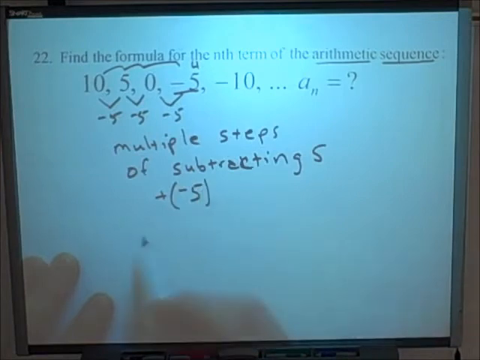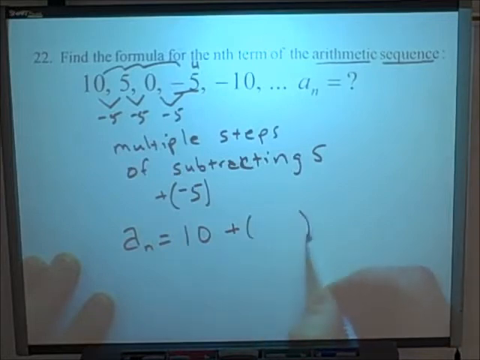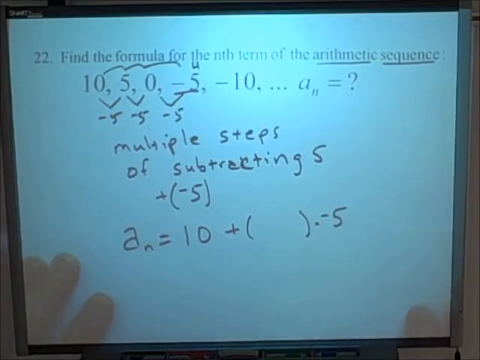So where do I start? I start at 10 and I'm adding multiple steps of negative 5.